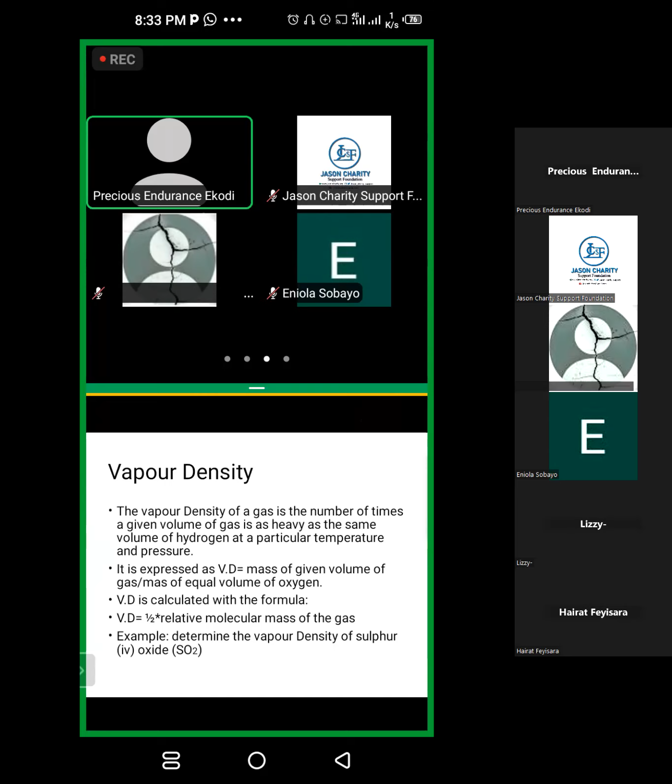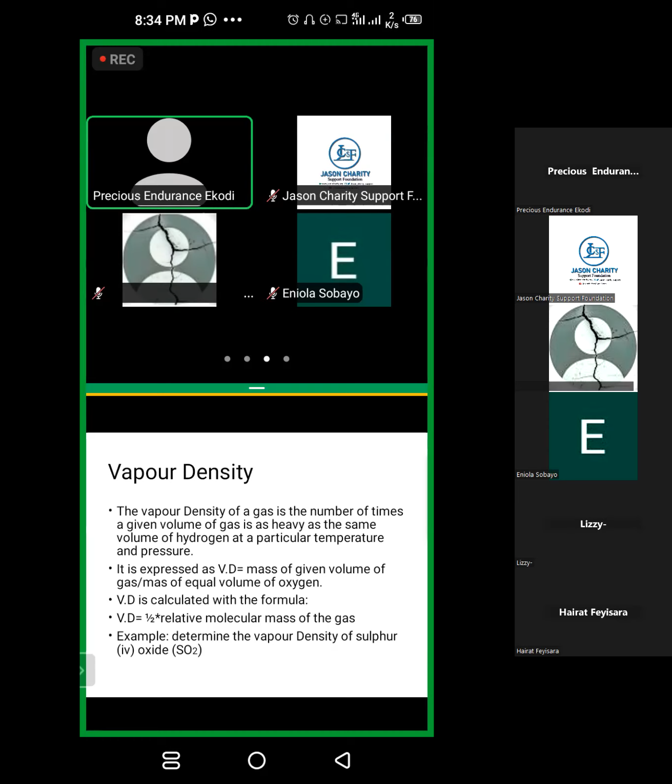After balancing each side and checking it mathematically, the general formula that was derived is vapor density equals 1/2 times the relative molecular mass of the gas, or vapor density equals half the relative molecular mass of the gas.